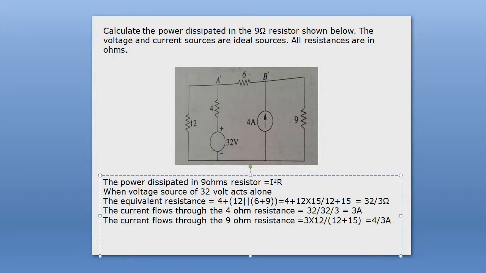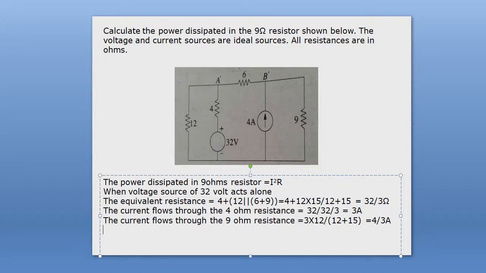Now you calculate the current value for another source, that is the current source. We have calculated the value of current which flows through 9 ohm resistance for the 32 volt supply. Now you calculate the current value for the other source, the 4 ampere current source. When you consider only the current source, then you short out the voltage source.